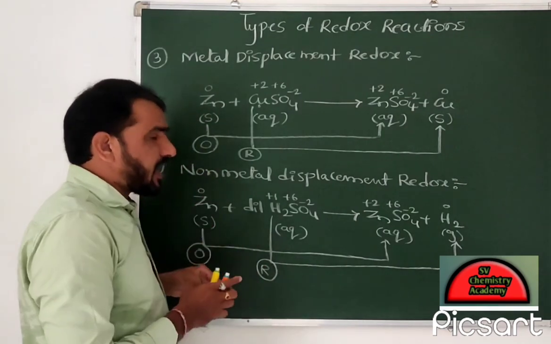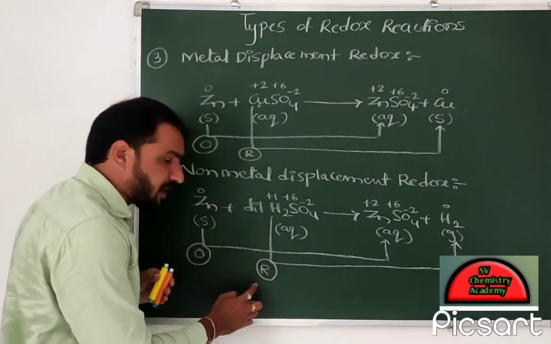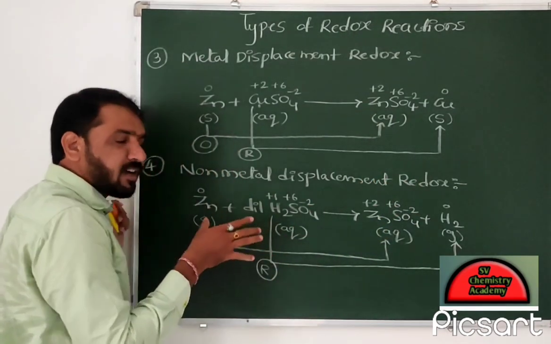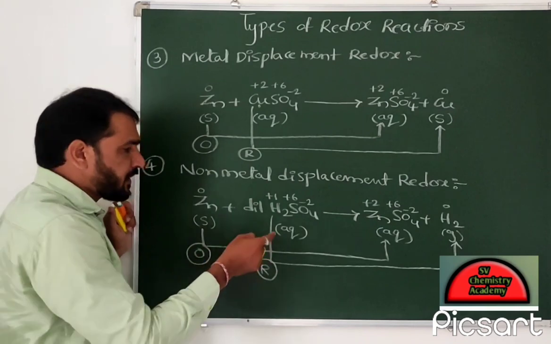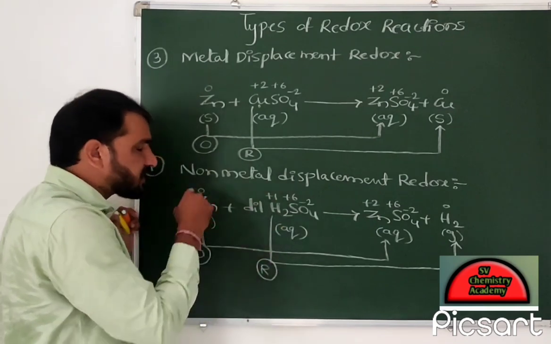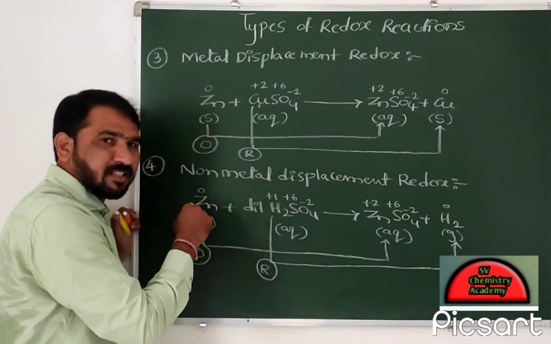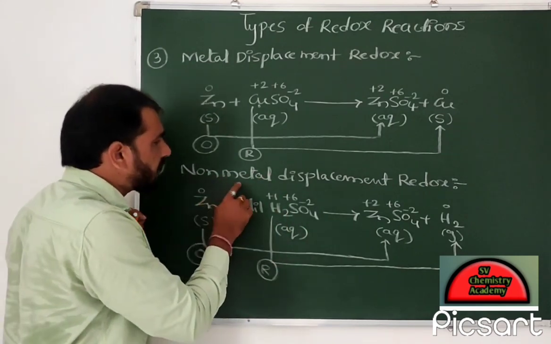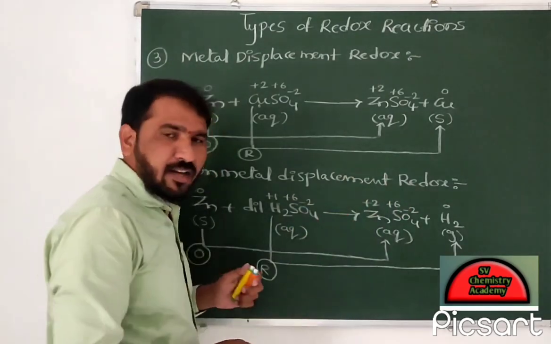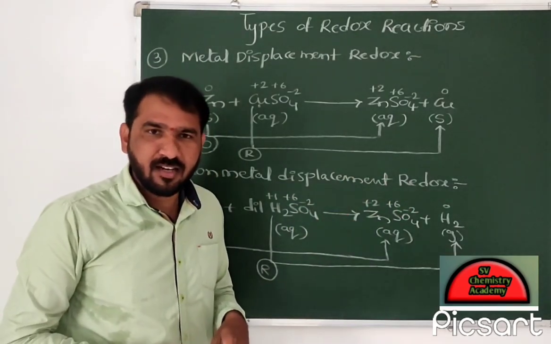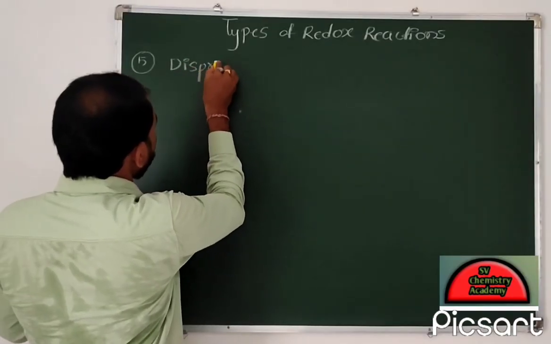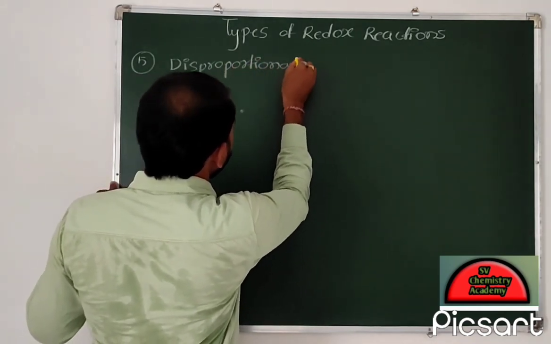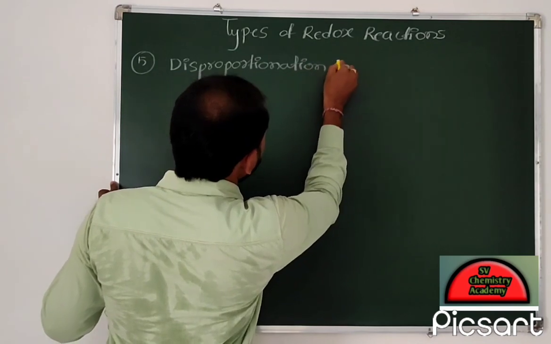So in this redox reaction, both reactions are happening simultaneously. But in this redox reaction, what happened here? A non-metal is displaced. That's why this type of redox reaction is called a non-metal displacement redox reaction. Is it clear?